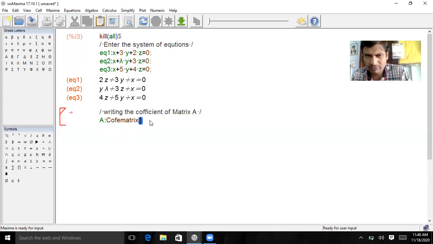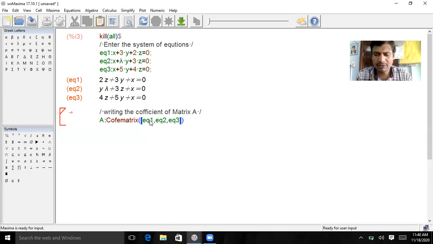After that, take this bracket, then equation 1, equation 2, and equation 3. Then take the square bracket, then equation 1, comma, equation 2, then comma, equation 3.